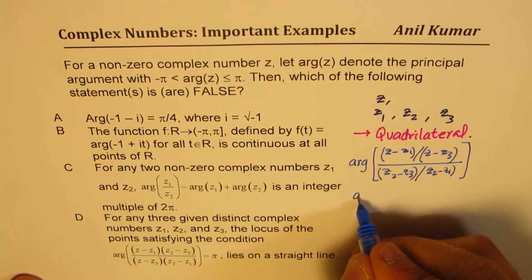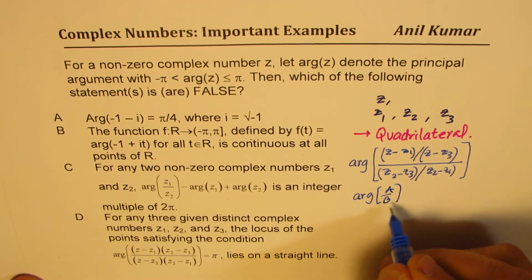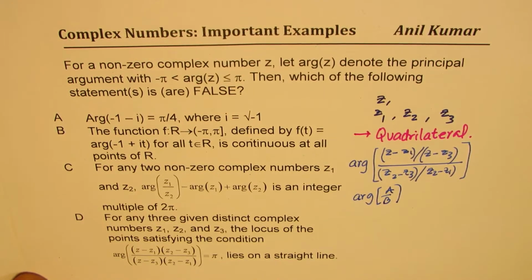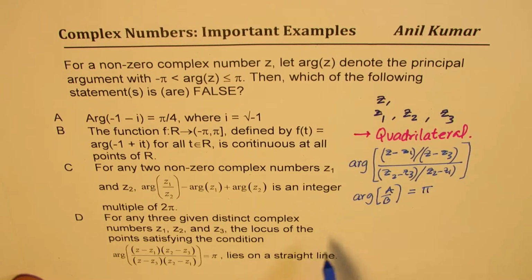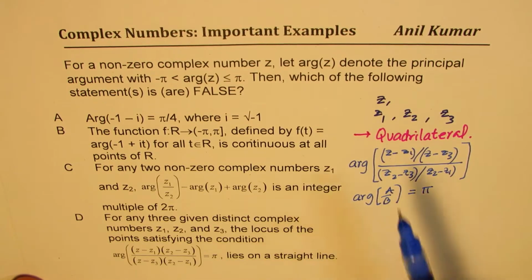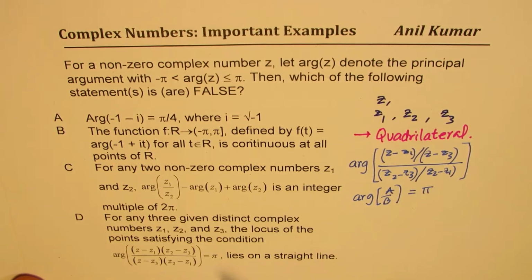So that's as good as writing like argument of a over b, right? So when you have argument of a over b, and here they are saying it is pi, that means that the angles formed by these, their sum is pi. Correct? That's what it means, right?